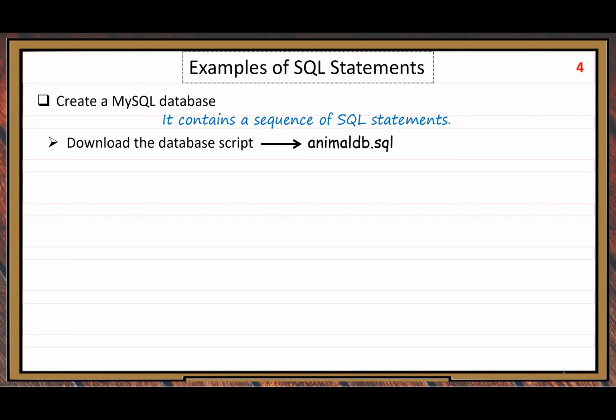So it contains a sequence of SQL statements. Table definition, the first SQL statement. Then the second part, data in the table. We need to insert data into the table, so you need another SQL statement. Then you run the database script: copy, paste, click the Go button, then you execute it.